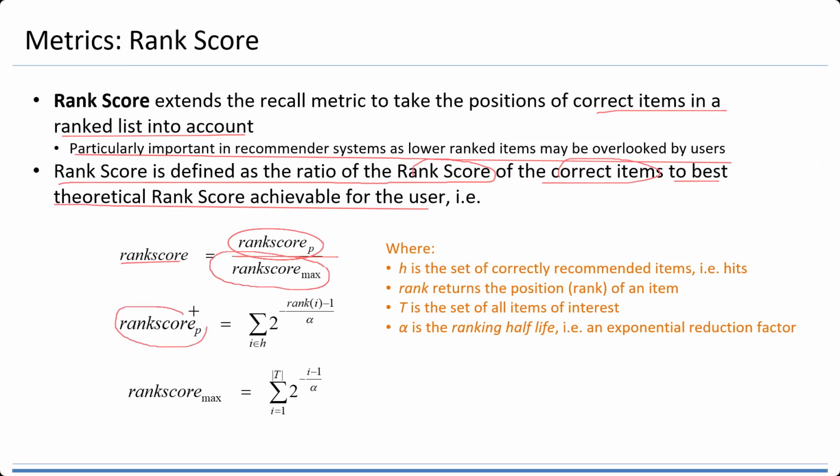The rank score P is 2 exponent (rank i minus 1) divided by alpha, and the rank score max is this one, 2 exponent (i minus 1) divided by alpha.